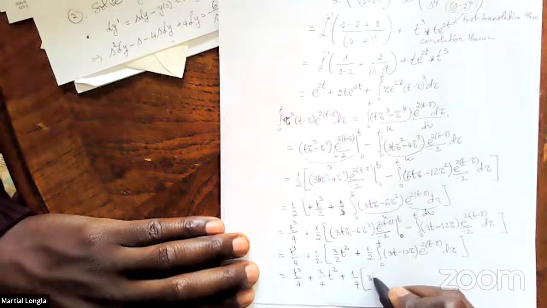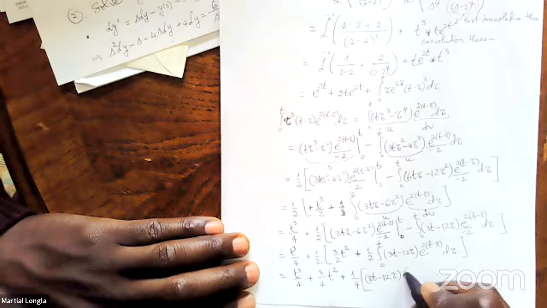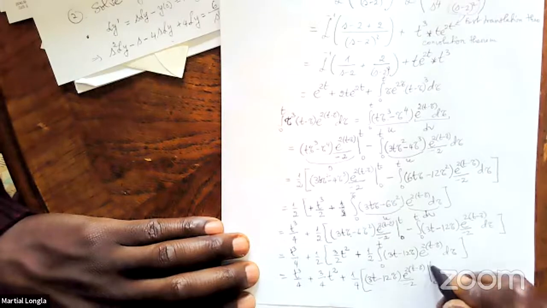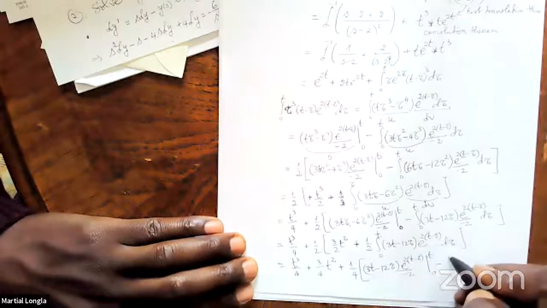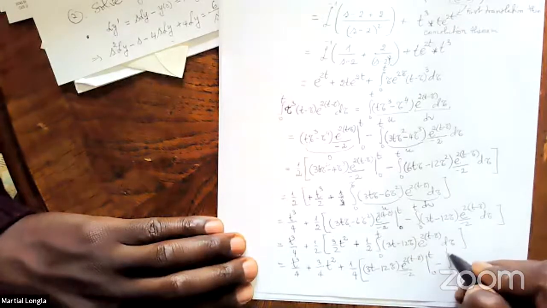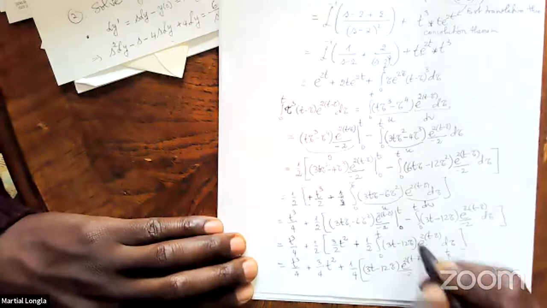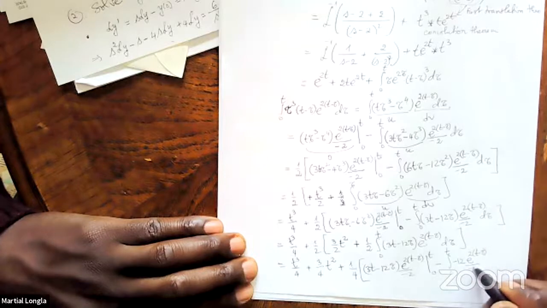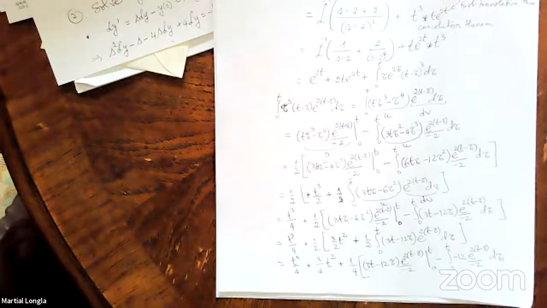So that's (3t minus 12 tau) e to the 2 times (t minus tau) over negative 2, 0 to t, minus the integral 0 to t. Derivative of this is going to be minus 12 e to 2 times (t minus tau) over minus 2 d tau. So that will be the last integration by parts.